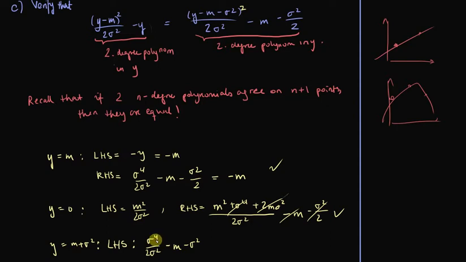And that is sigma squared halves minus sigma squared minus m. So that is minus m minus sigma squared halves.